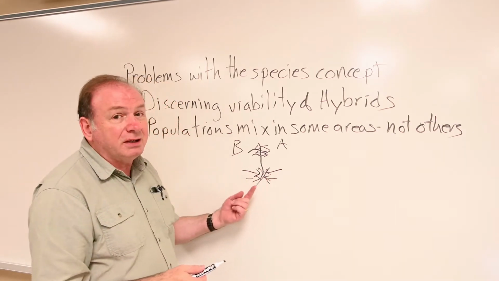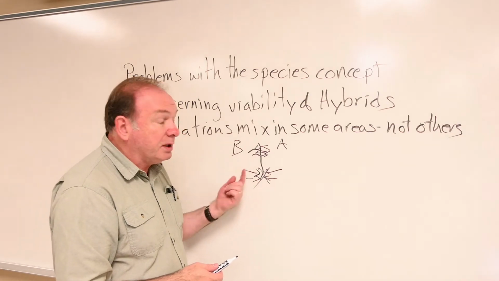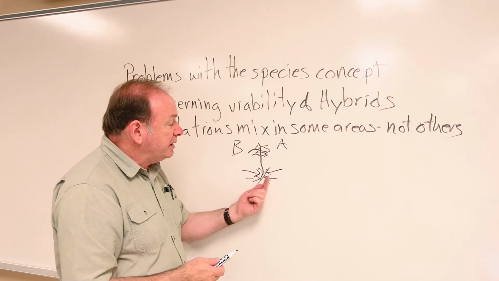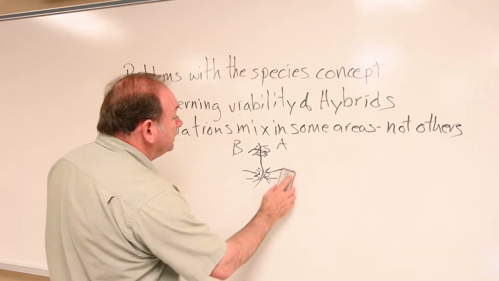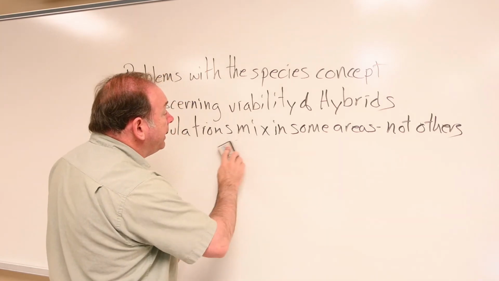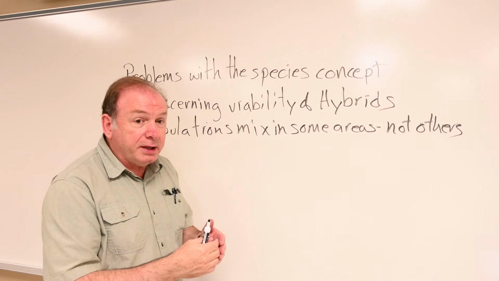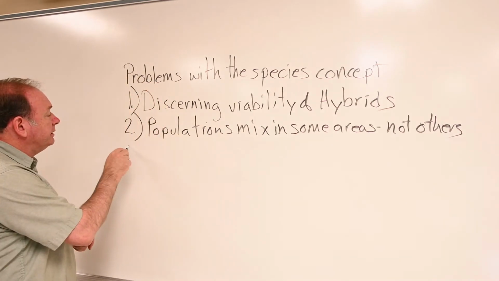So there's no crossing in this area. Should they be considered separate species, or should they be considered one species? They're obviously different in some respects because these can't interbreed down here. It's not all that uncommon a condition to see, where they'll interbreed in some portions of the distribution and not in others.